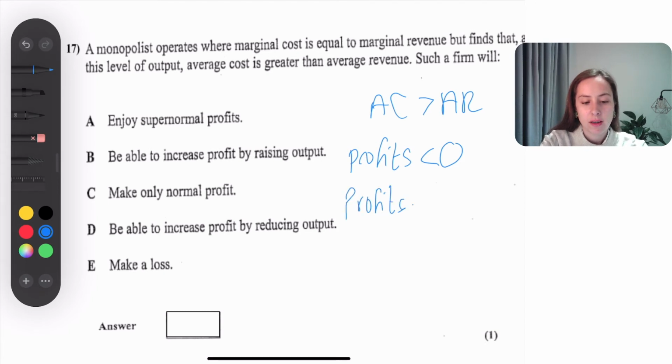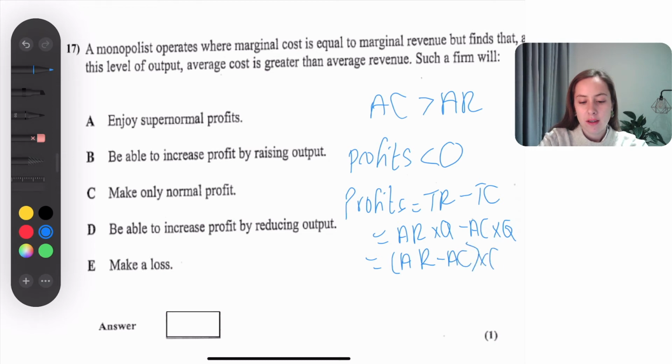So your profit is your total revenue minus total costs, and a way to write that is your average revenue times your quantity minus your average cost times your quantity. So you can see average revenue minus average costs is basically your profit margin, times your quantity. So if AC is greater than AR, your profits are going to be smaller than 0.